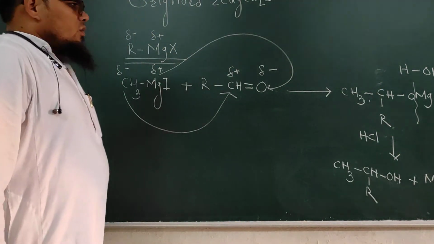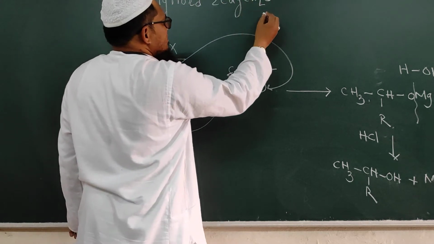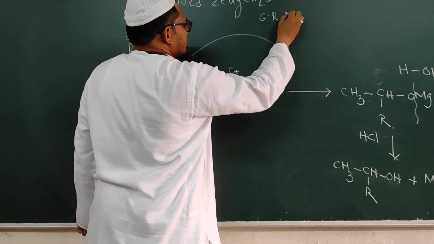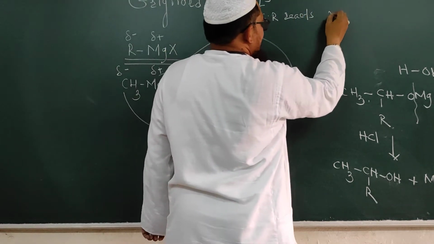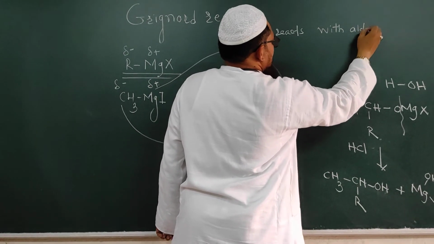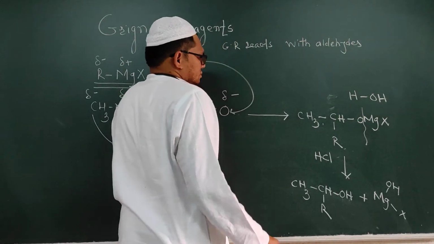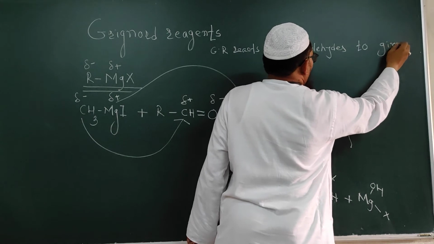In this way, we can say that when methyl magnesium iodide or a Grignard reagent reacts with an aldehyde, it gives the addition product.